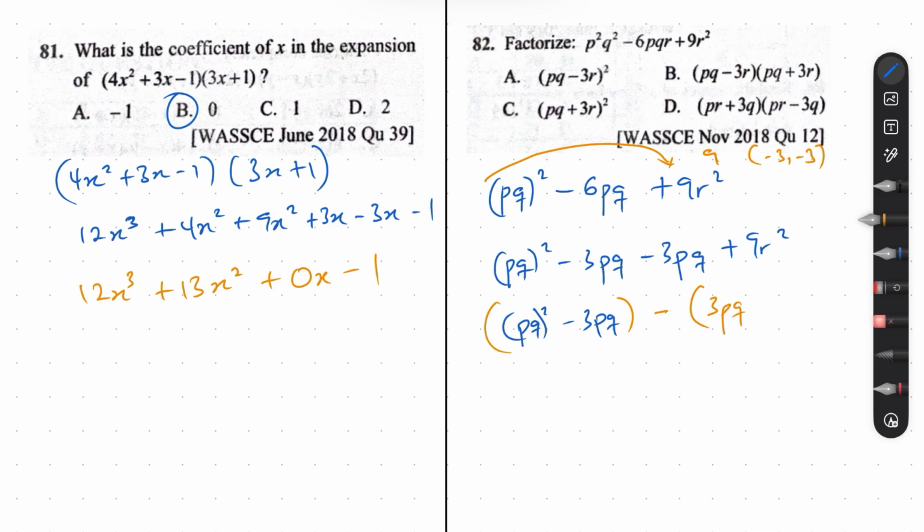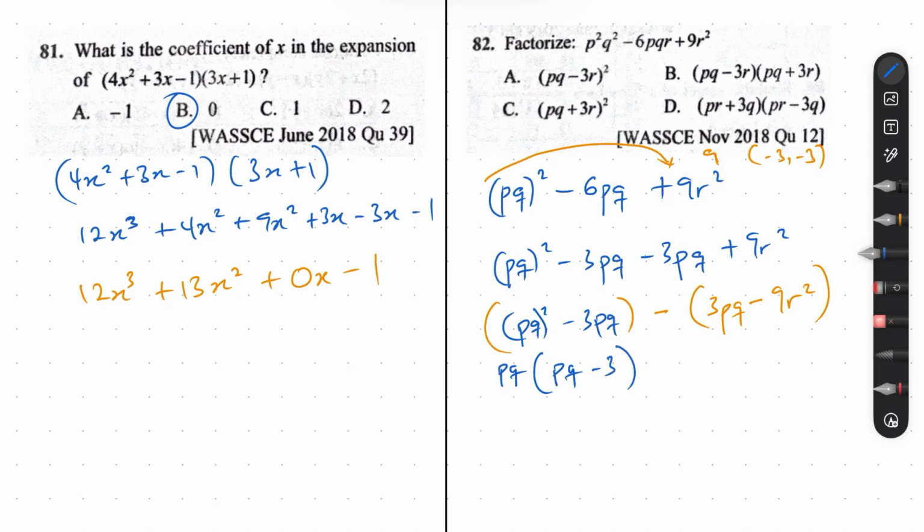Then the sign over here will become what? Negative 9R squared. Because when we expand this, we are supposed to get this, okay? So this is what we get. So now we can factor out, okay? So here we can factor PQ out. We have PQ out. Then we have PQ minus 3.